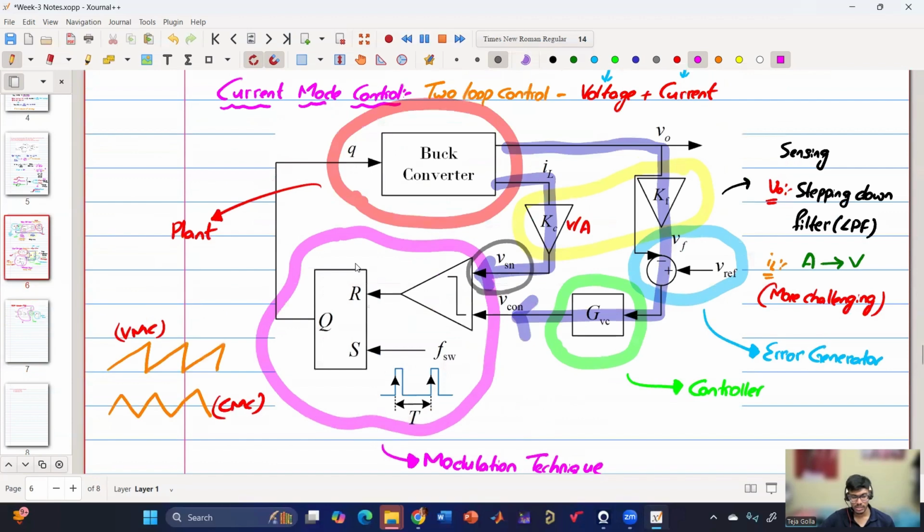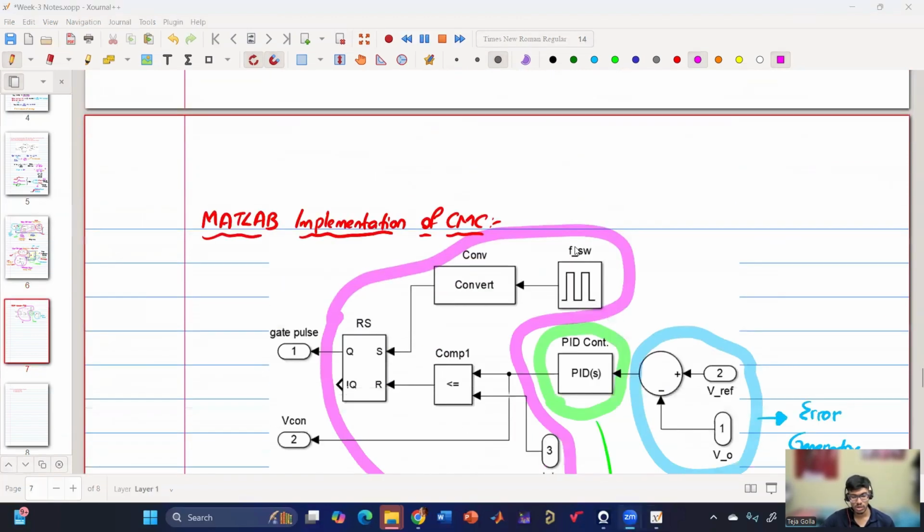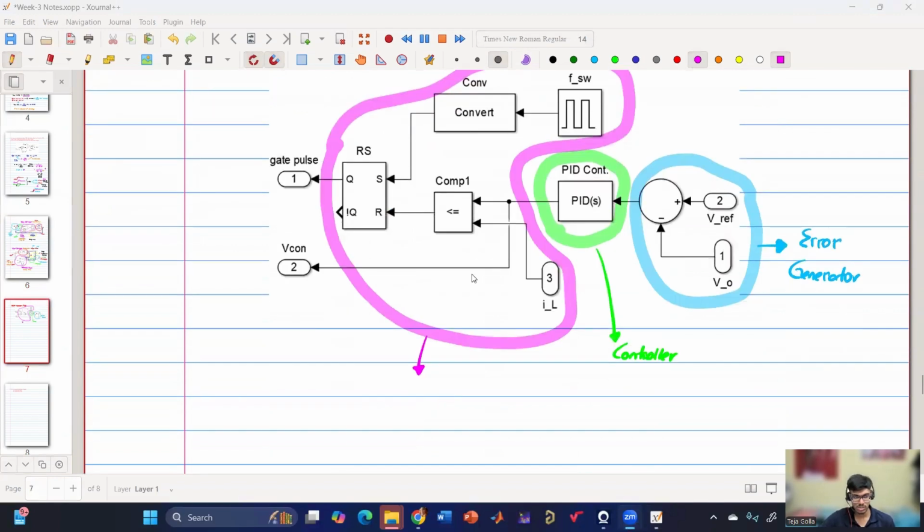The set pulse comes externally, and the reset pulse comes from the comparator. Comparator's one input is the control voltage of the controller, and the other input is the inductor current. So this is trailing edge PWM generation. Very good. Now I'll also discuss what trailing edge is, what leading edge is, and how to get the difference. So this is basically the PWM generation block, and here it is the trailing edge block.